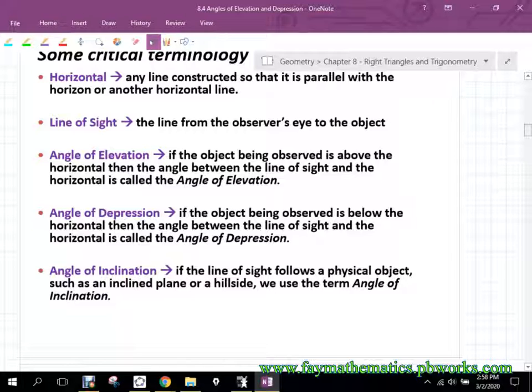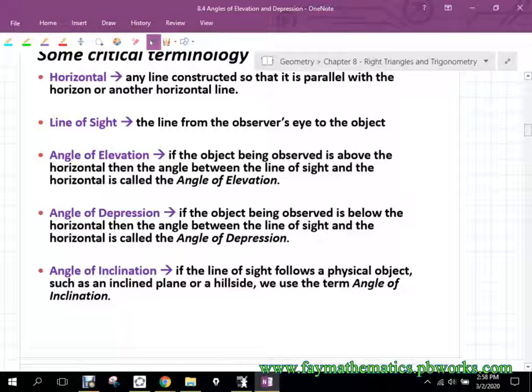Line of sight. Angle of elevation. What's elevate mean? You go up, right? So if I'm looking straight at my smartboard, but then I take my eyes and look at the projector, my eyes elevated, or my line of sight elevated.